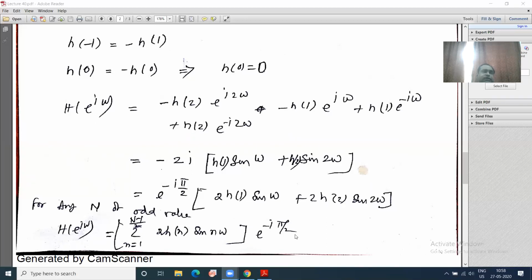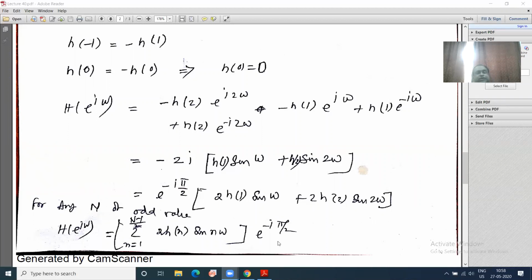What is that? See, in the symmetry about n minus 1, the phase was a function of the number of samples. But even if you are having the phase information in this kind of symmetry, the phase is a constant phase.